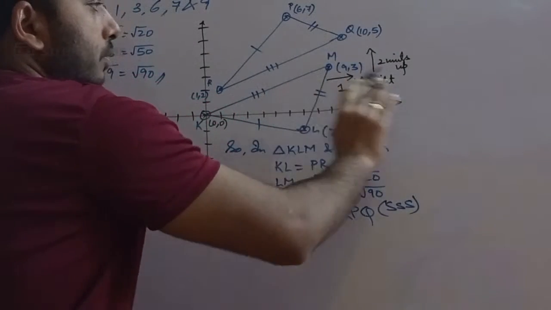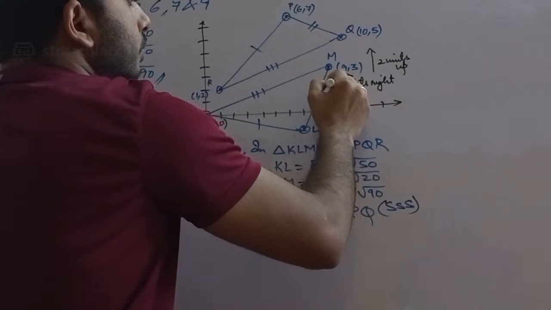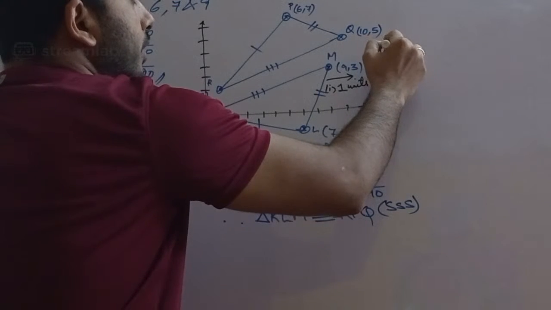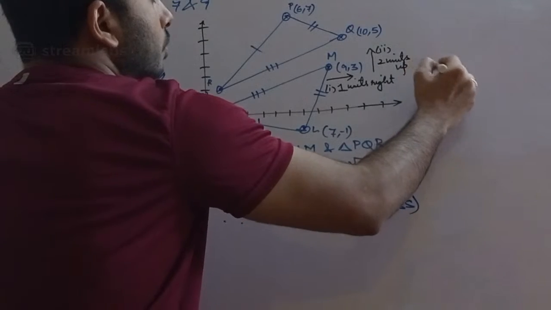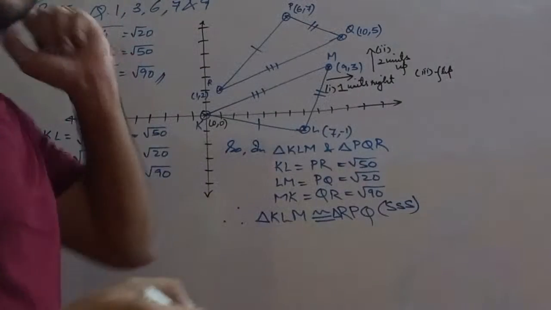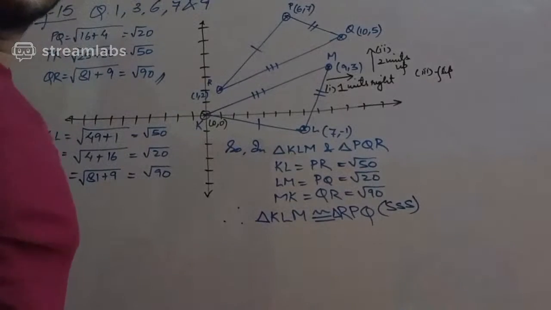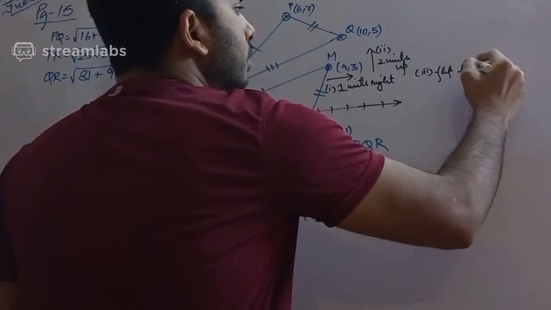We have to shift. First 1 unit right, 2 units up, and then flip. So this is the first process, this is the second process, and third comes out to be flip or rotate the triangle. Flip would be the correct word. Flip the triangle.